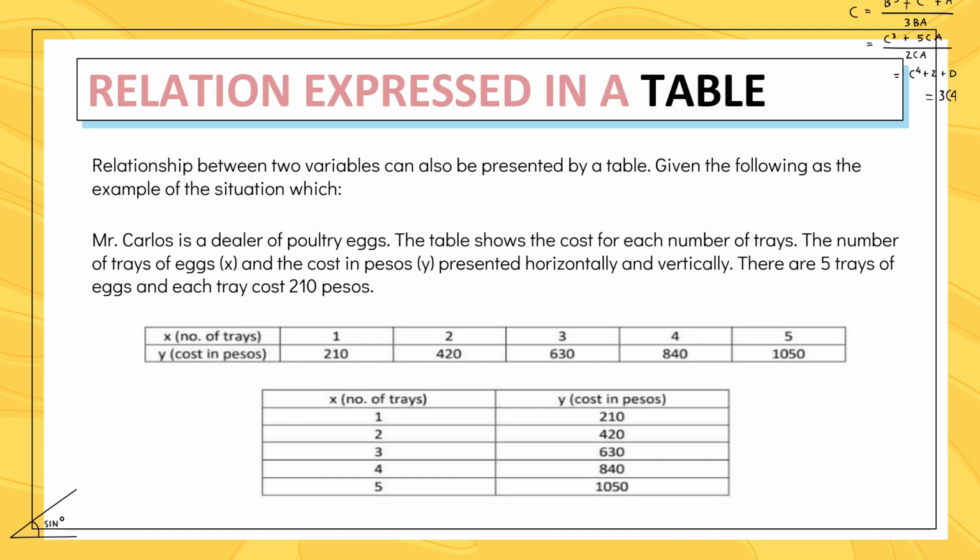The table shows the cost for each number of trays. The number of trays of eggs, from 1 up to 5, and the cost in pesos are presented horizontally and vertically. So there are 5 trays of eggs and each tray costs 210 pesos.